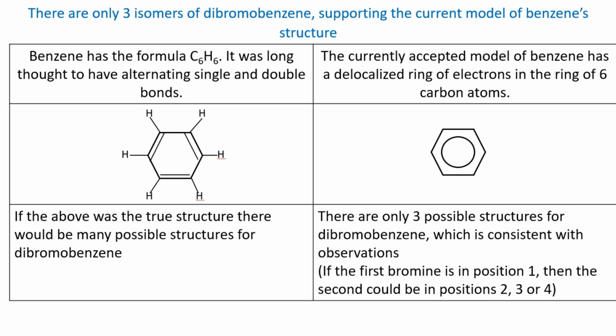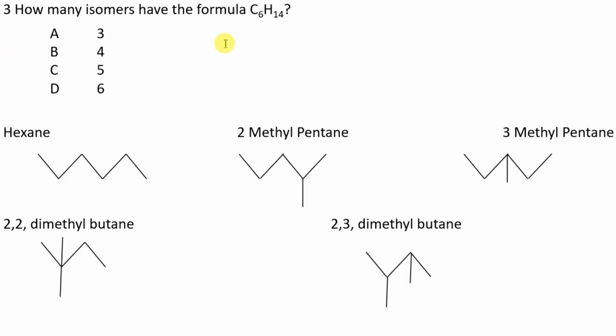Finally, and I kind of promised it, how many isomers have the formula C6H14? If you were confronted with that in an exam, you might start writing them down randomly. How would you know when you've got them all? Very hard thing to do confidently. Start with the longest chain. Hexane, chain of 6. Move to the second possible longest chain, pentane.